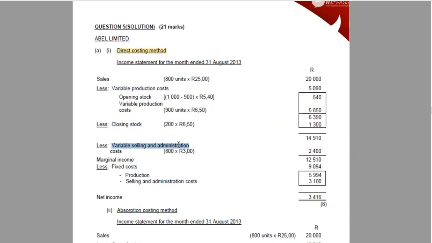Because under the direct costing method, remember contribution says that you have to take into account all variable costs. So you put in the selling and admin, that's variable. Then either marginal income or contribution. Then your fixed cost, then your net income. So I say plan your answer by putting the structure down before you get into the calculation.